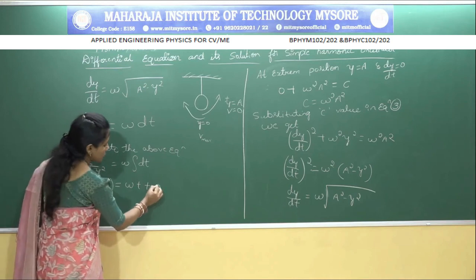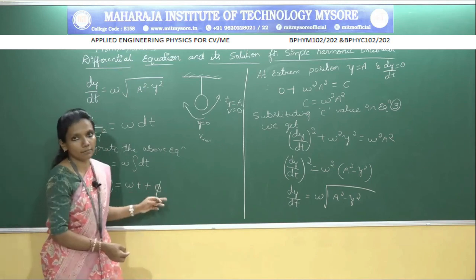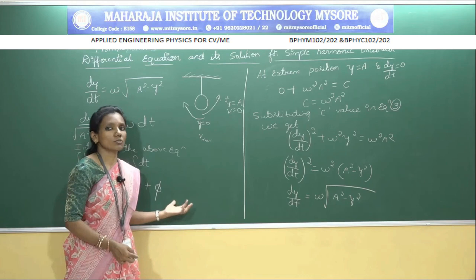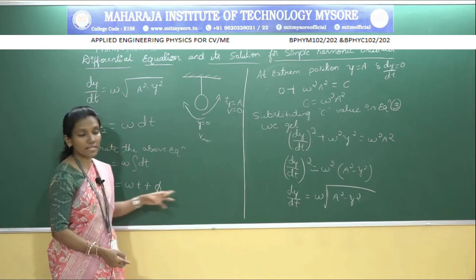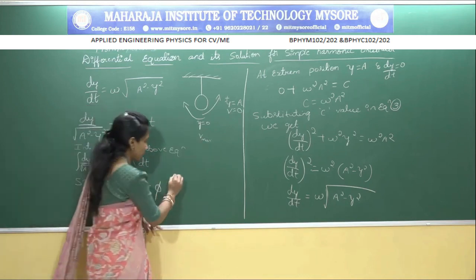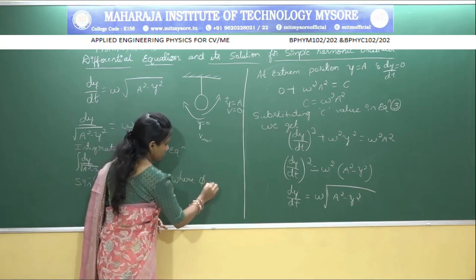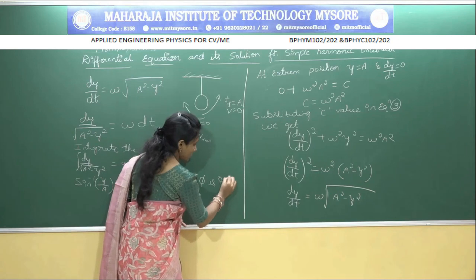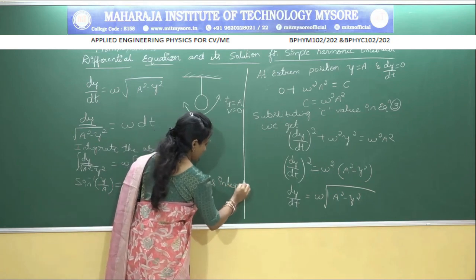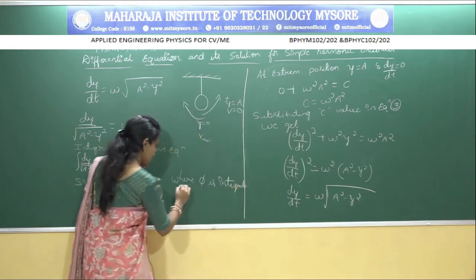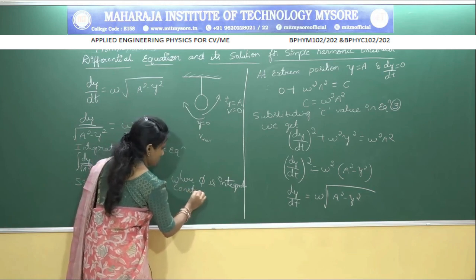Here the integration constant is written as phi, because the particle is oscillating with some phase constant. So phi is the integration constant or phase constant.